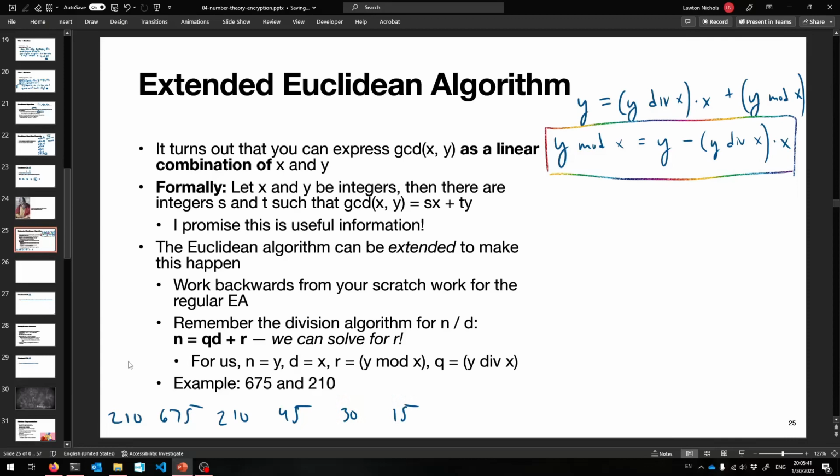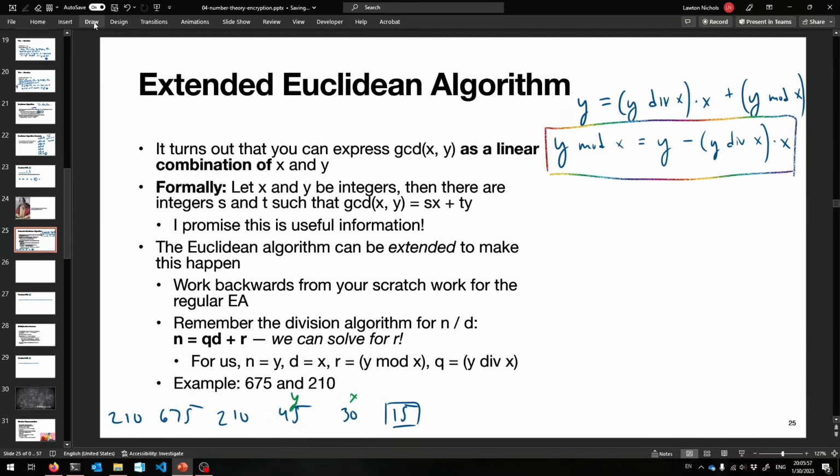And 30 mod 15, it goes in cleanly, so it's 0, so the GCD is 15, okay? And now, here's what you can do. To get that 15, what did we do, right? We used the division algorithm. We did 45 mod 30. This was our x, this was our y, right?